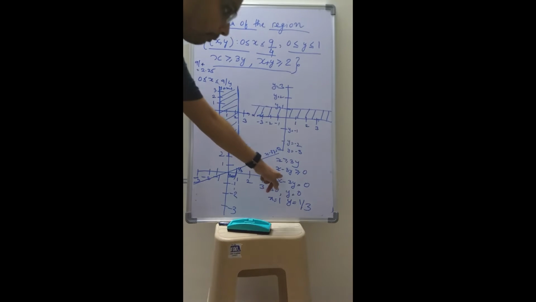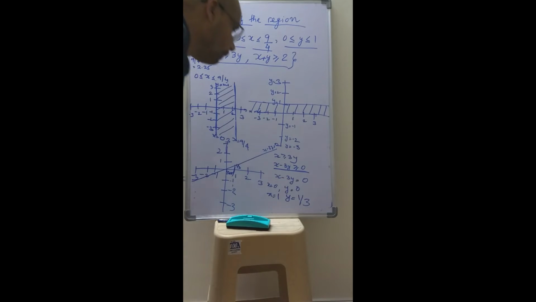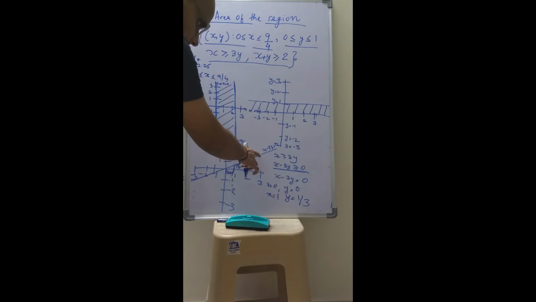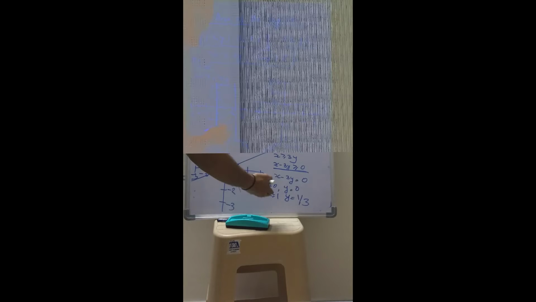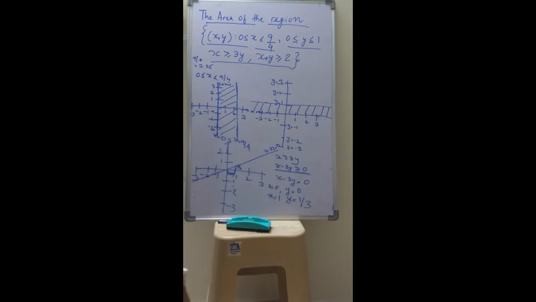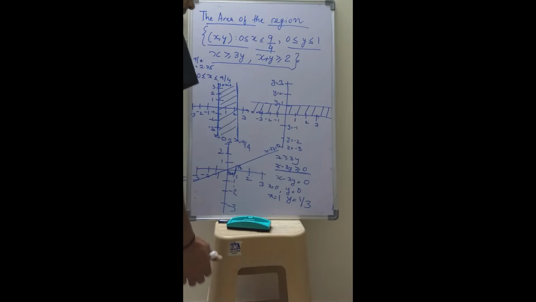But you have to find x minus 3y greater than 0, right? So how do you find the area which is x minus 3y greater than 0? Basically this line is where x minus 3y is equal to 0. So this portion or this portion will be your x minus 3y greater than equal to 0. How do you find which one of them is x minus 3y greater than 0?